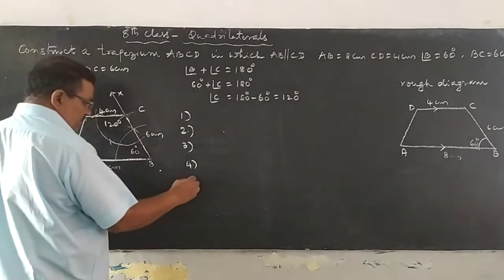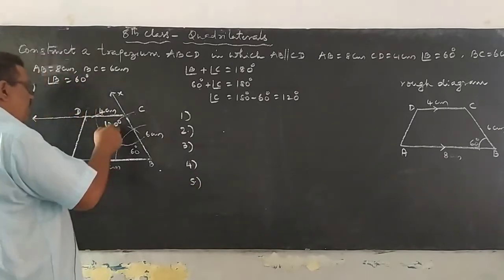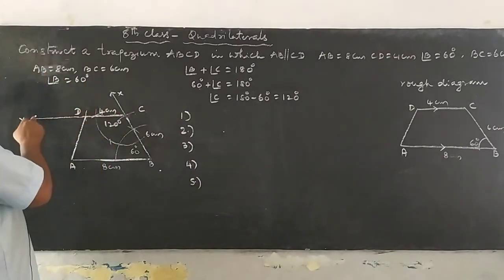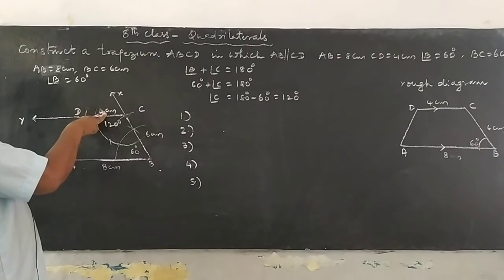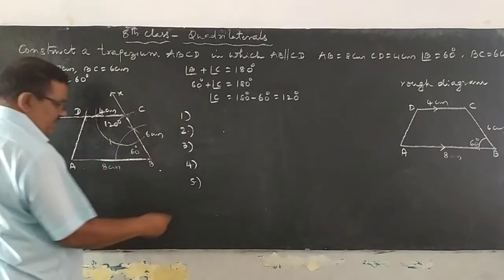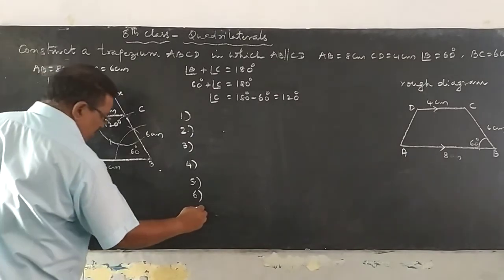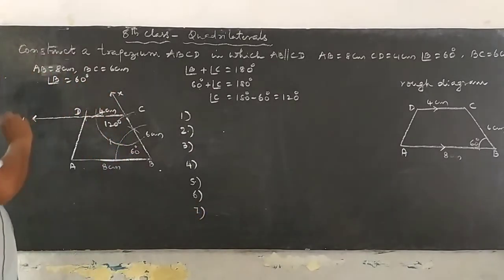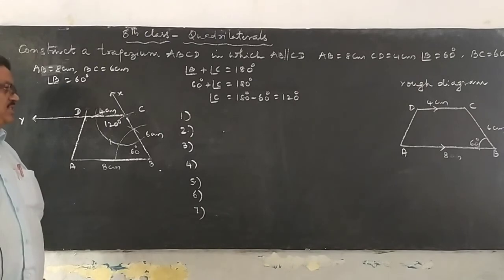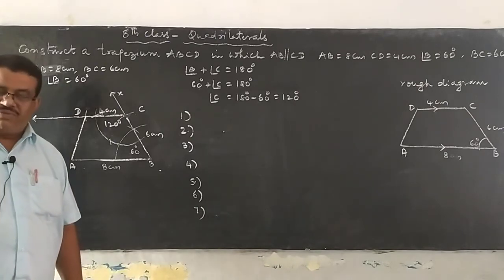Fifth one, with C as center and 4 centimeters radius, draw an arc intersecting the CY ray at D. Join AD. Seventh point, ABCD is the required trapezium, children. This is the construction of a trapezium for us.